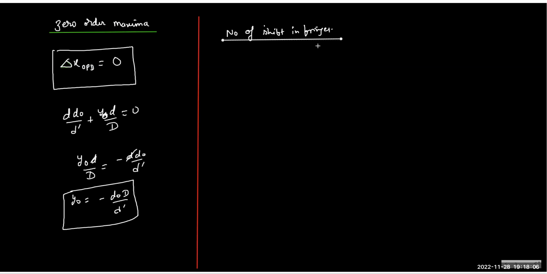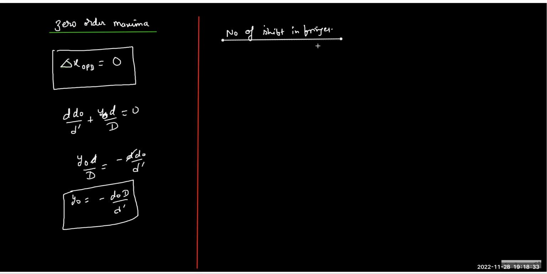The fringe shift may be fractional also. Now, if the fringe shift is integral, if you move by 1 beta, 2 beta, 3 beta, 4 beta, then the O will maintain the brightness. The brightness of the O will remain unchanged. It is like I am replacing one bulb by another bulb, so you are still getting the light.